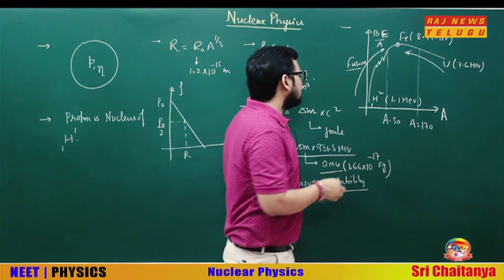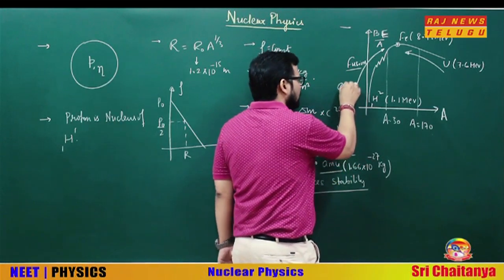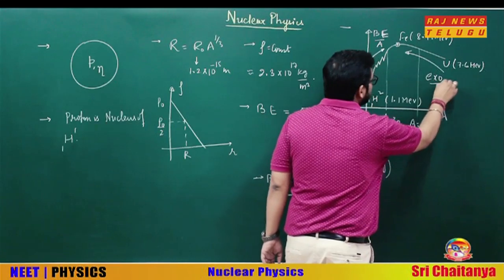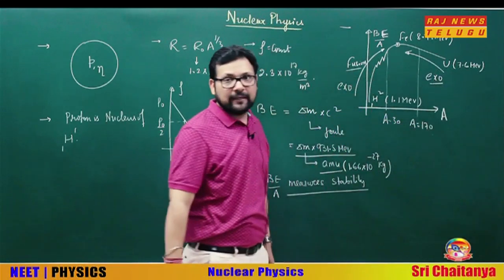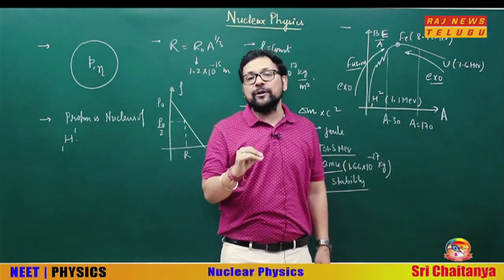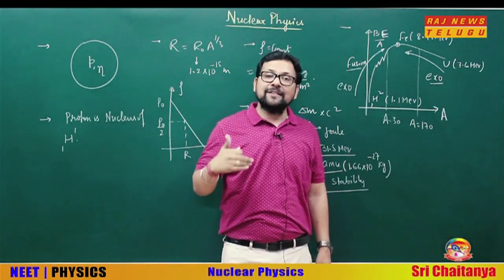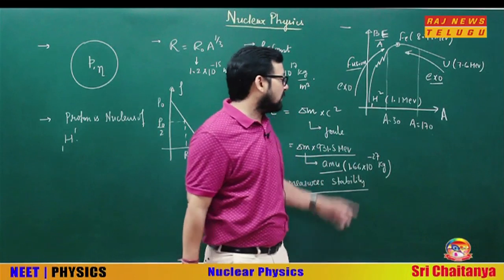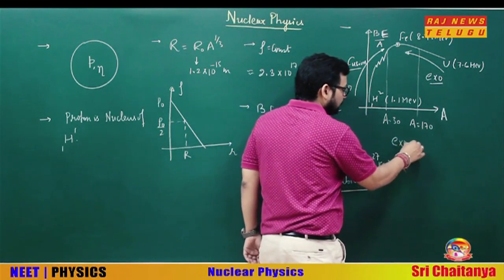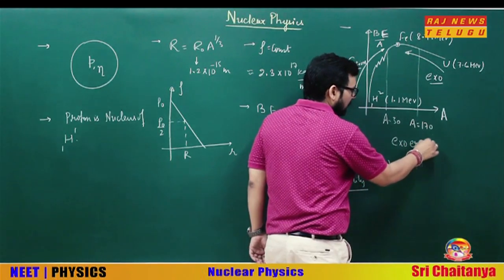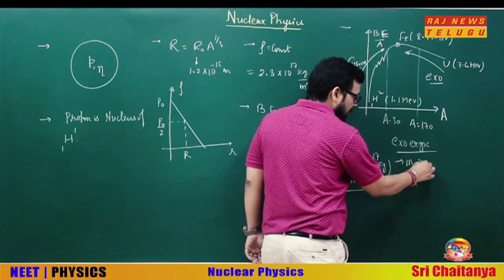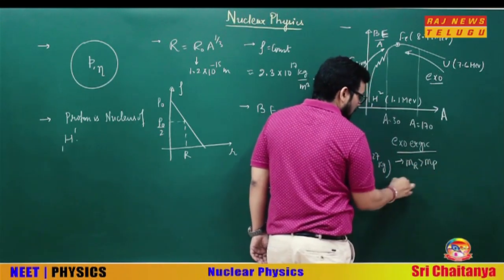But first, this reaction was also exoergic. Both were exoergic. Again, a checklist point, an important point to note down. What happens in an exoergic reaction? It means the mass of reactant is greater than the mass of product.